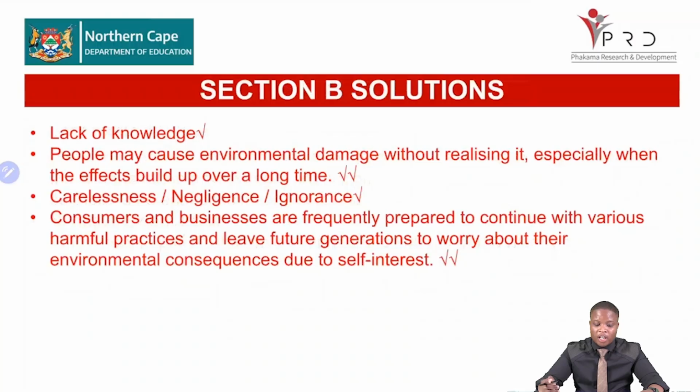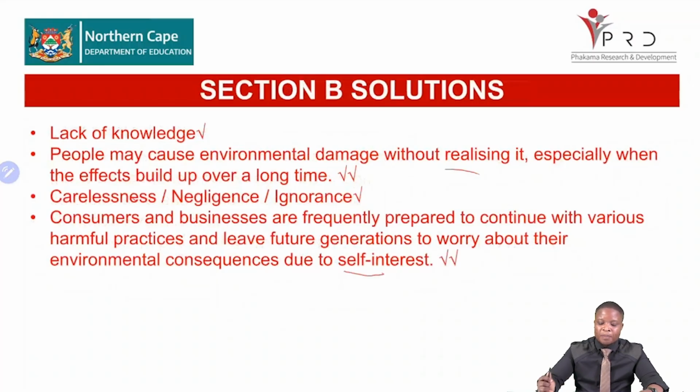Lack of knowledge: people may cause environmental damage without realizing it, especially when the effects build up over a long time. Sometimes they just don't know. Sometimes it's carelessness. Consumers and businesses are frequently prepared to continue with various harmful practices and leave the future generation to worry about the environmental consequences due to self-interest, because we want to have more profit, we want to benefit more from the environment.